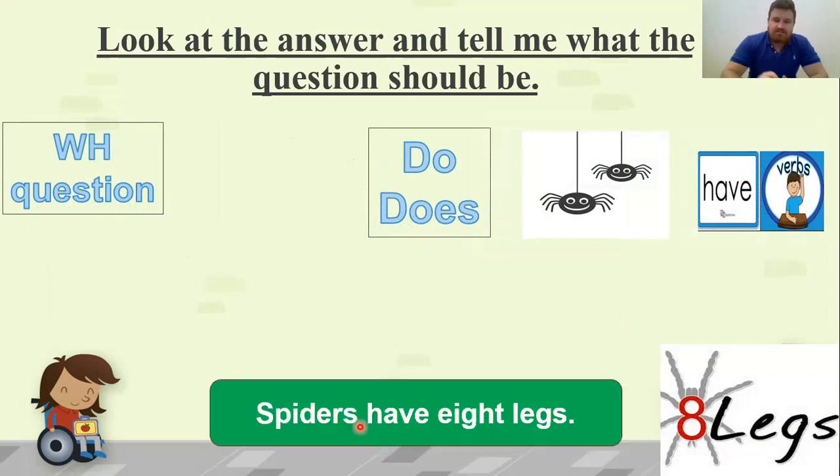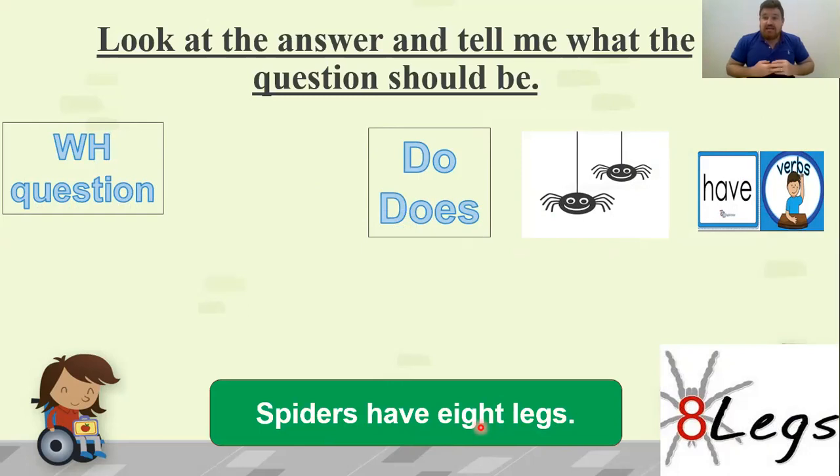Now, look at the answer. Spiders have 8 legs. Now, 8 legs means there is a number. And when we want to know a number, we should ask, if you want to know how many pens Teacher Shelter has got, what would you ask me? What would you ask Teacher Shelter?